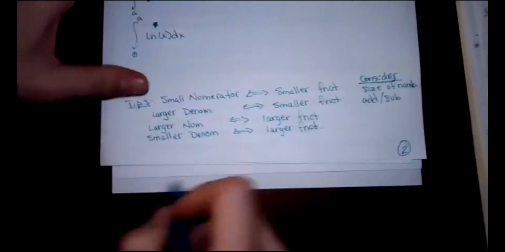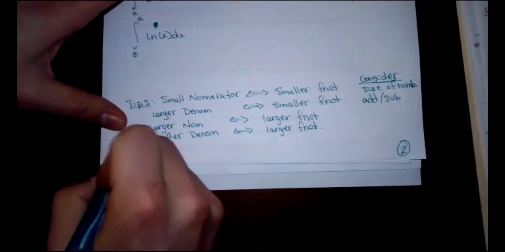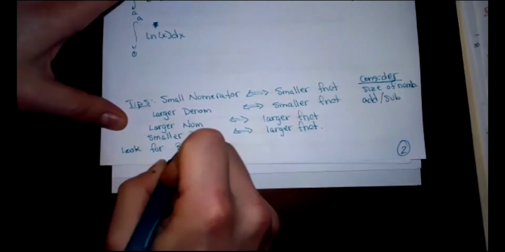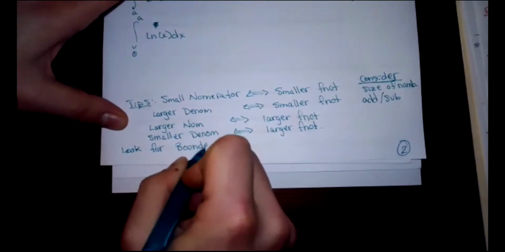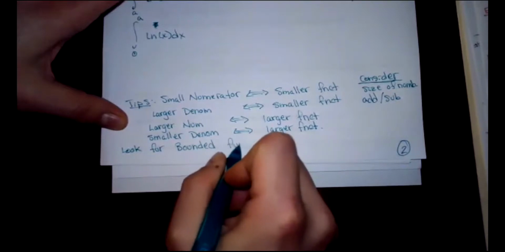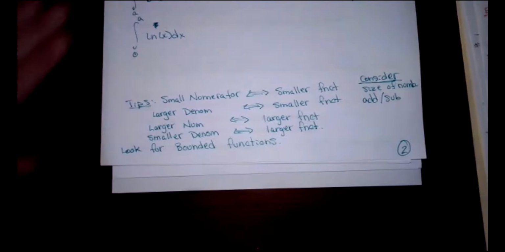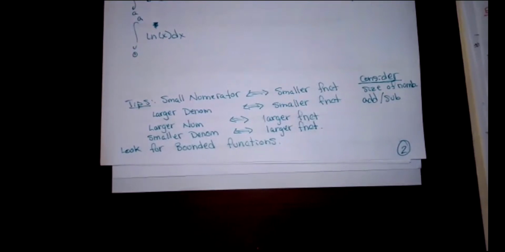The other thing we want to look out for, bounded functions. These come up a lot with trig functions, right? Sine and cosine are bounded between plus and minus 1.